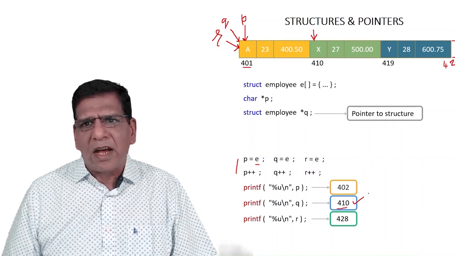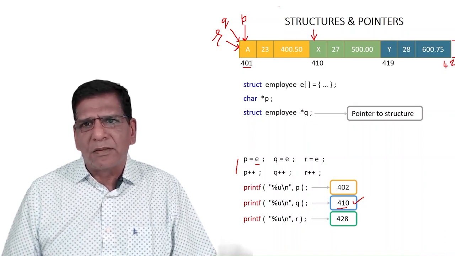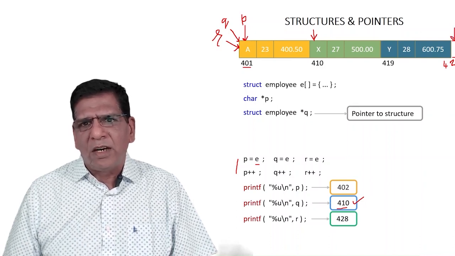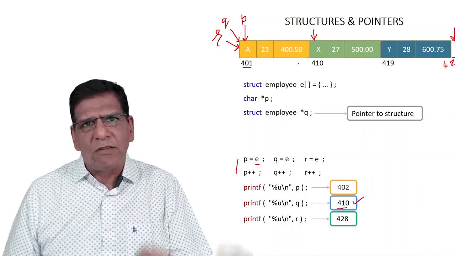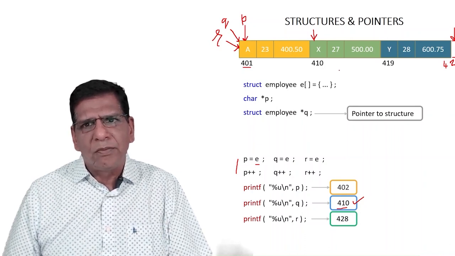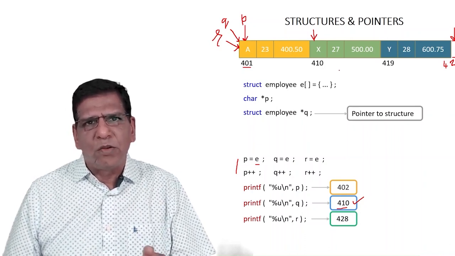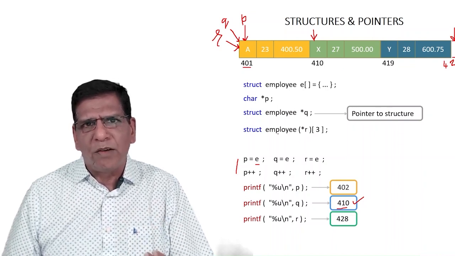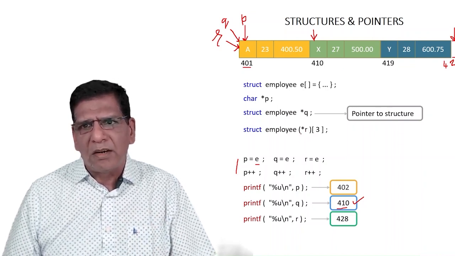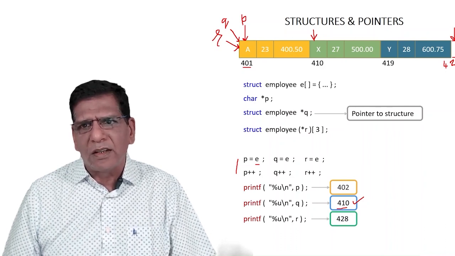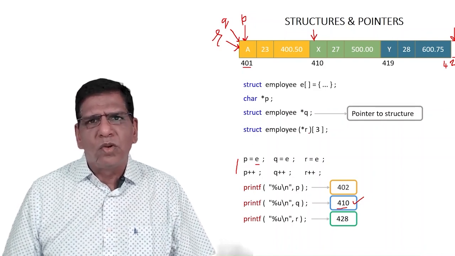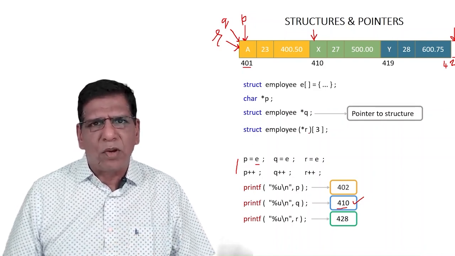Plus plus on R, I expect that it should take me here. 419, then 28 will be at 420, 21, 22, 23. 600.75 would be at 424, 25, 26, 27, a 4 byte float. So this will really be at 428. I want to reach here, so I should treat R as a pointer to an array of 3 struct employees.